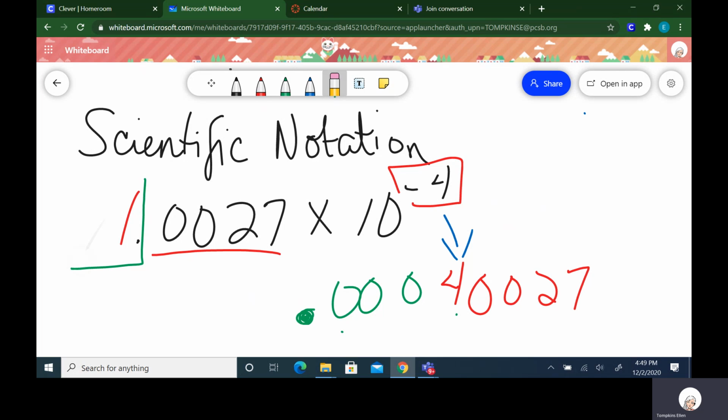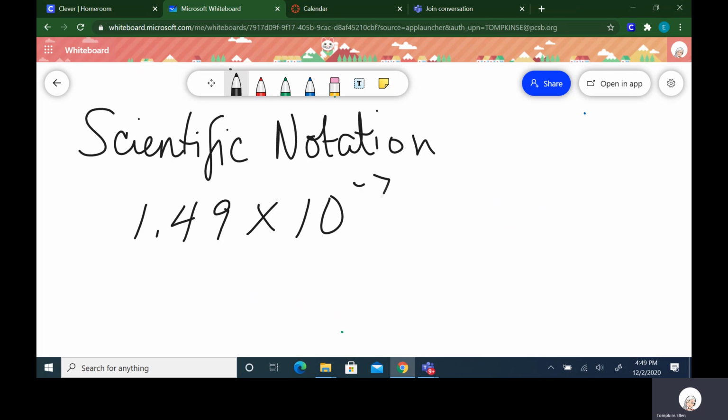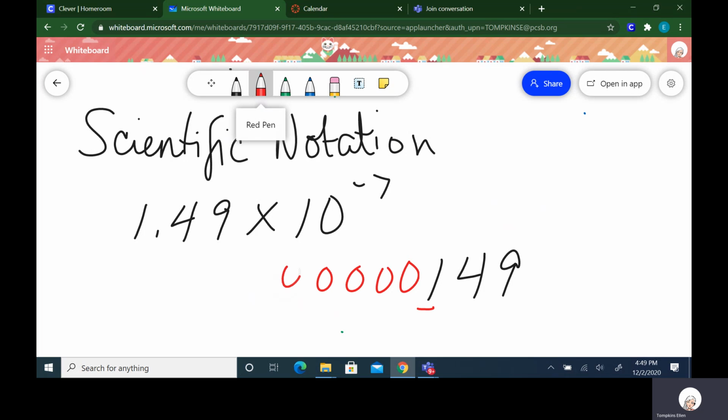Let's look at another one. If I have 1.49 times 10 to the negative 7. Okay, well, let's take a look at that guy. We're going to have 149. This 1 has to be in the 7th spot. So I'm going to have 6 zeros in front of it. 1, 2, 3, 4, 5, 6.